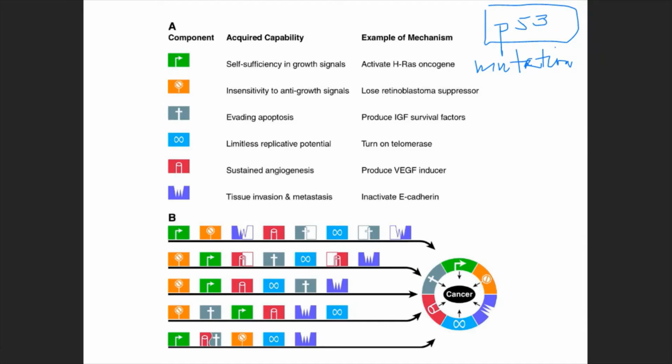But what are the normal functions of P53? It's kind of like RB in the sense that here's a cell, here's a chromosome, here's DNA damage, right? So one of the functions of P53 is that if it sees the DNA damage, it will turn on the repair mechanism.